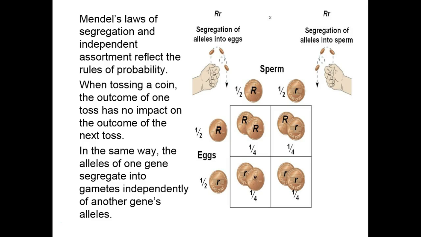So the laws of segregation and assortment are both reflecting mathematical probability. But the thing of it is, the probability is always 50-50.